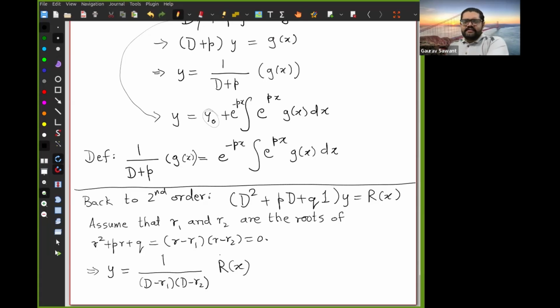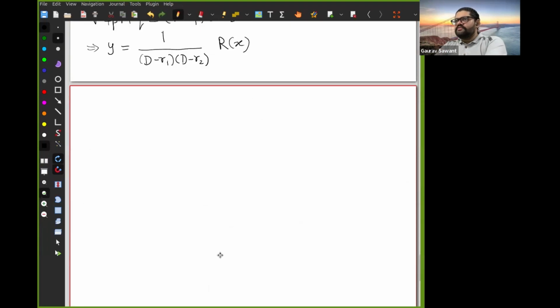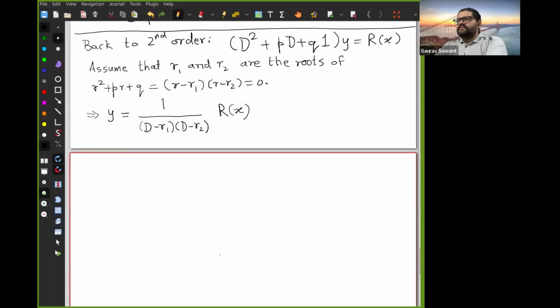If we are just treating the operator polynomial just the way it is. So let me add a page and drag this down. Again, there are a few different methods of going about this, and that will depend on the form of r(x).